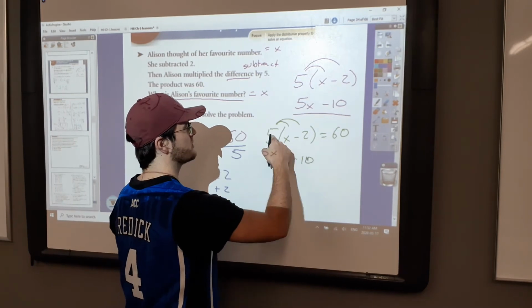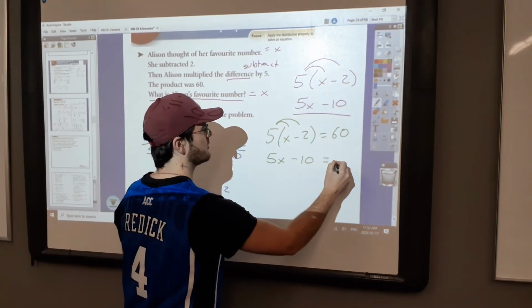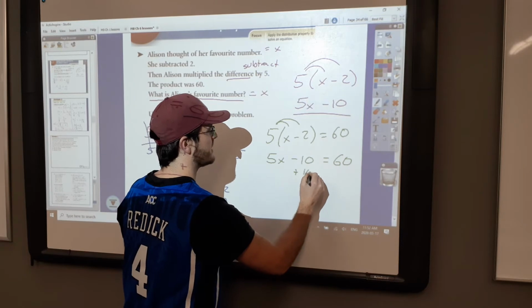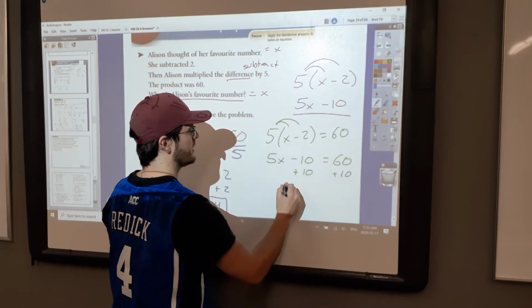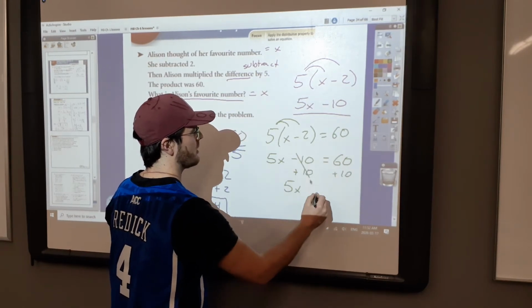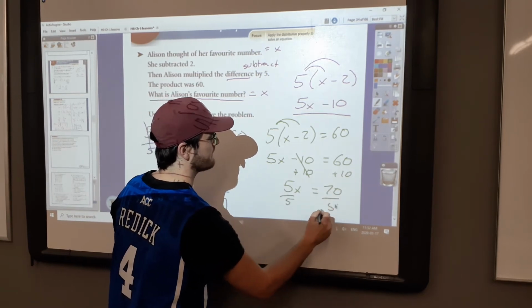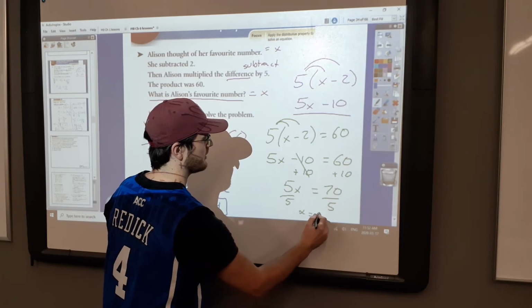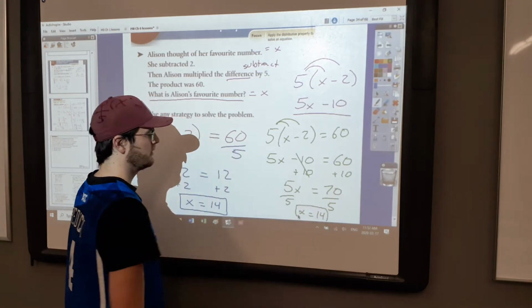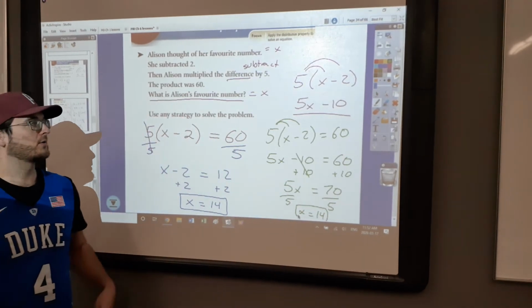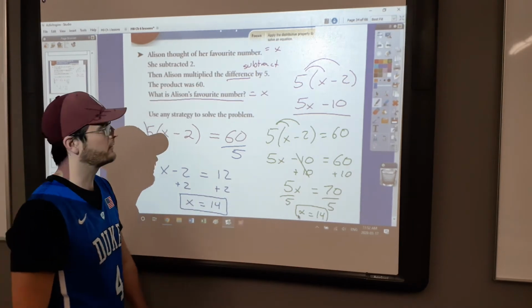But again, here's the distributive property, 5x minus 10 equals 60. Add 10 to both sides, and I get 5x, this is gone, equals 70. Divide 70 by 5, and we get the same answer. Good thing you get it the same one either way. That means you're doing it right.